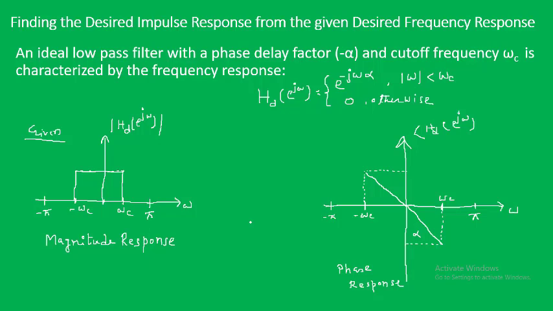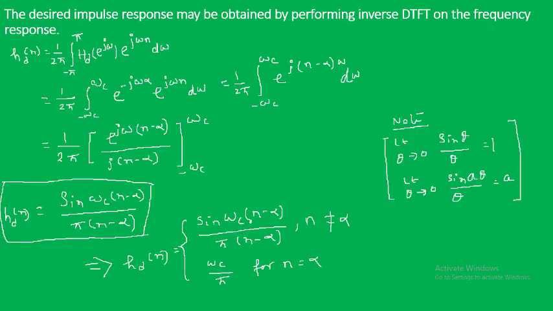This is step 0 of solving any problem associated with the design. You should always represent it pictorially. That will give a good impression to the examiner, and it is also a good practice, so that your understanding will remain.